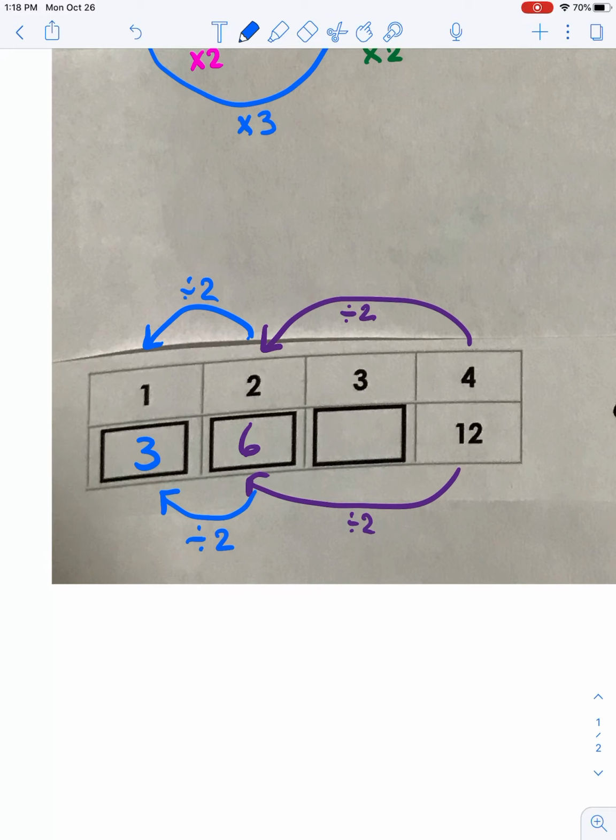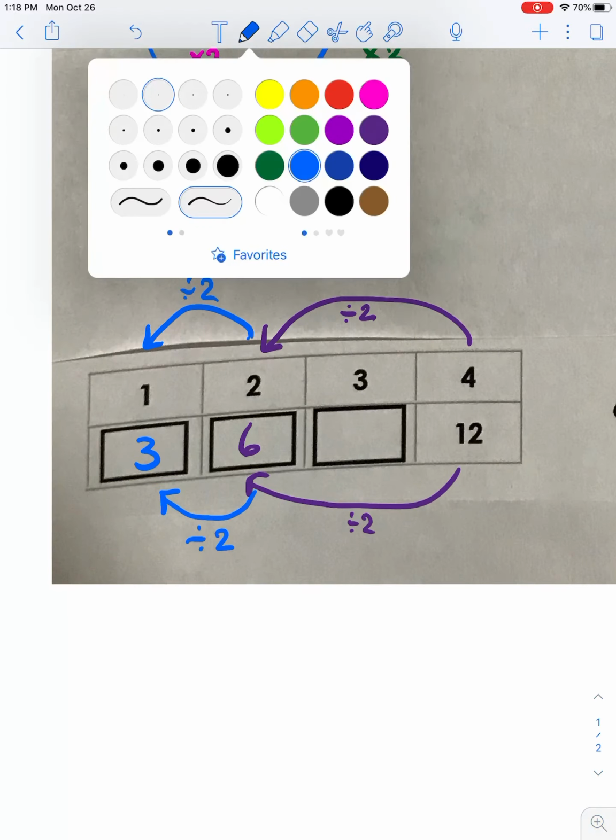We are doing exactly the same thing. And by the way, you will see that the arrows now are going to the left instead of to the right. You must put an arrowhead on your arrows because that is going to tell whoever's looking at your work what direction you're going. So now I'm missing one more.